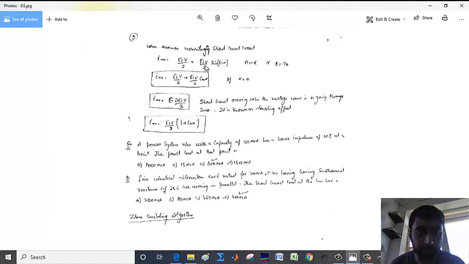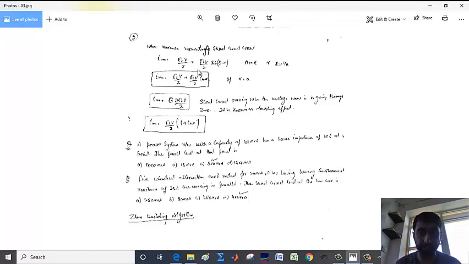That is like this: root 2 E by Z sine of theta minus phi, and this will be at t is equal to 0, because as t increases from 0, this term will vanish. This will have a maximum value at t is equal to 0.